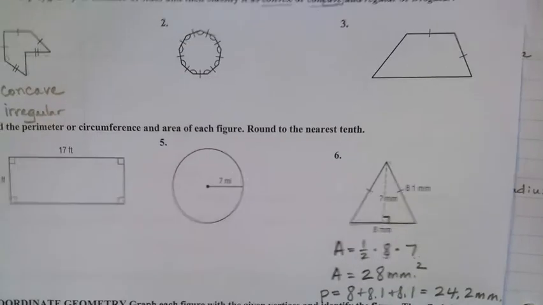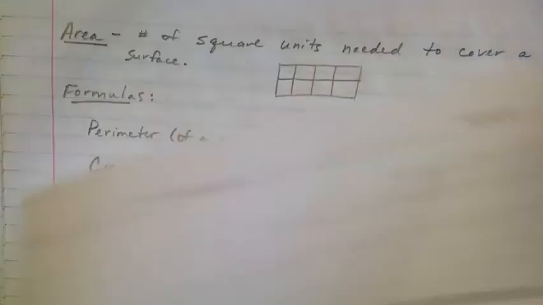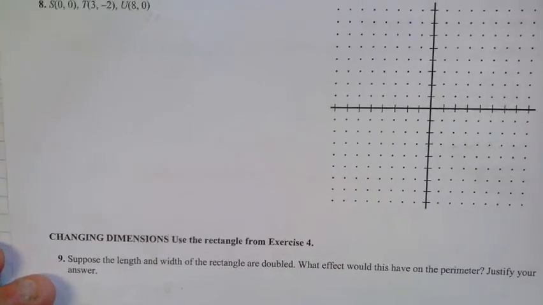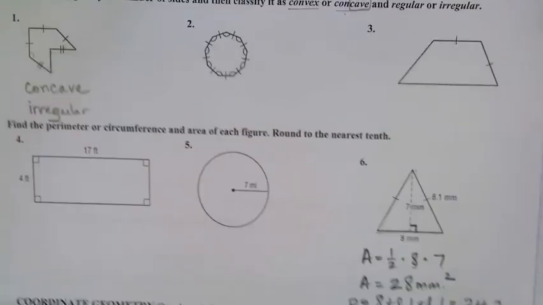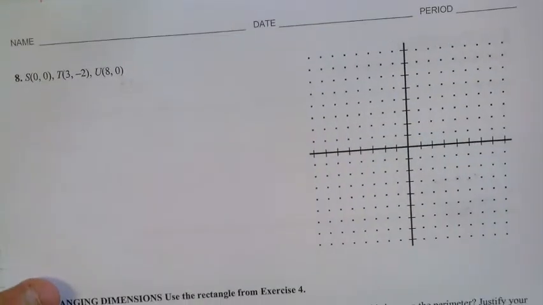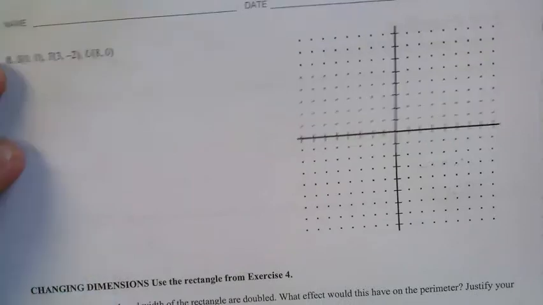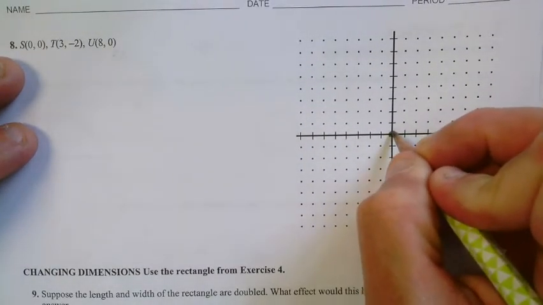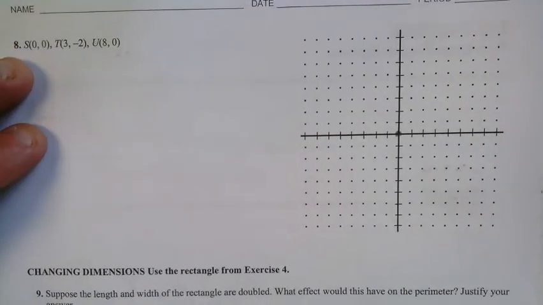All right, now to finish things up, let's go ahead and look at, I hope I don't choose the easier one. Let's look at number 8 here. We have to find both the perimeter and the area of this shape right here.